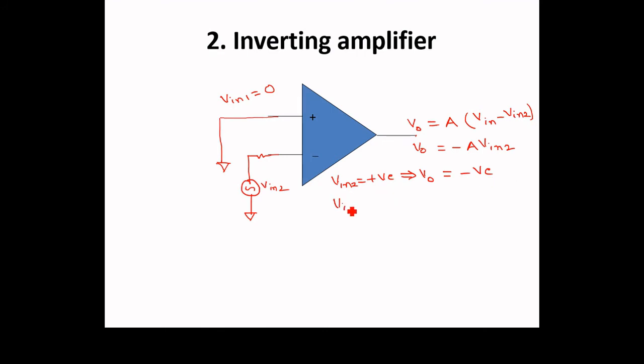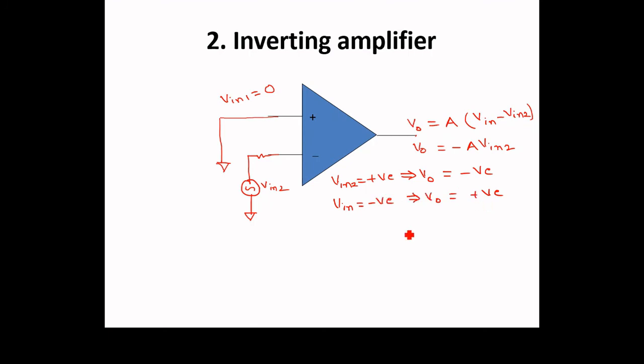If we are applying some negative potential at the input, the output becomes positive potential. So there is an inversion relationship between the input voltage and the output voltage.